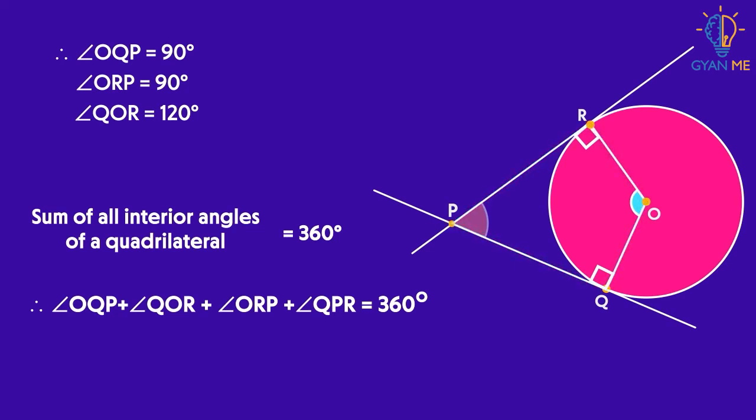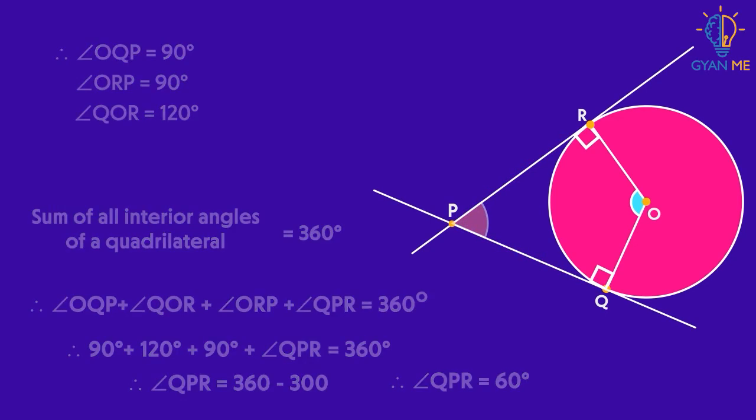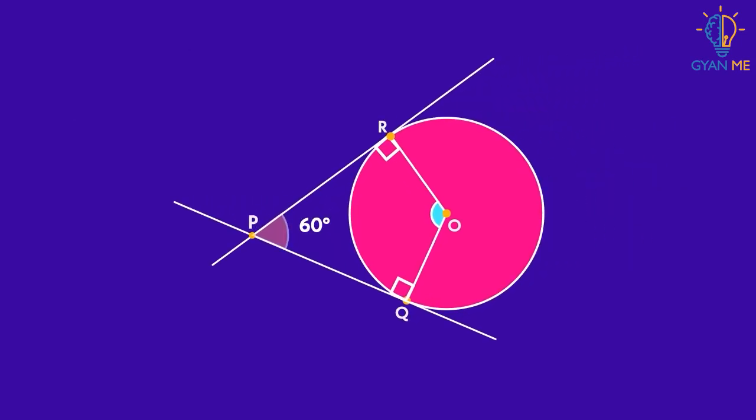Therefore, if we substitute the values of individual angles, angle QPR is equal to 60 degrees. So I hope now you know that since we wanted tangents making an angle of 60 degrees with each other, we made a 120 degree angle between two radii.